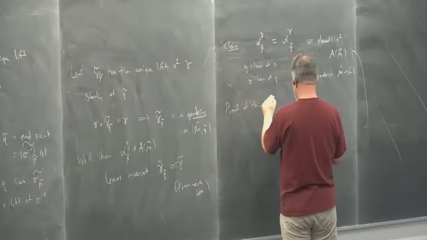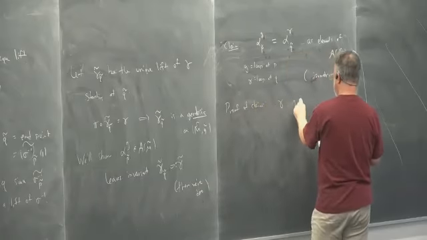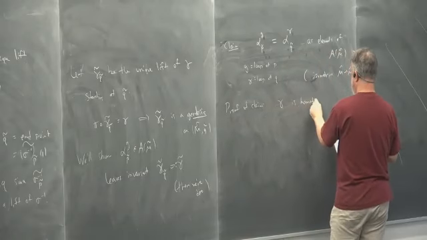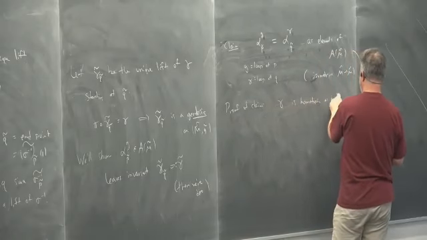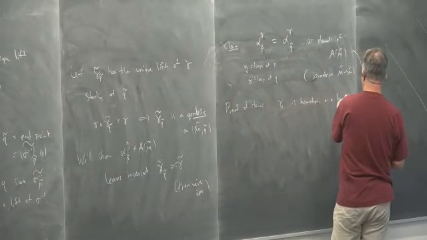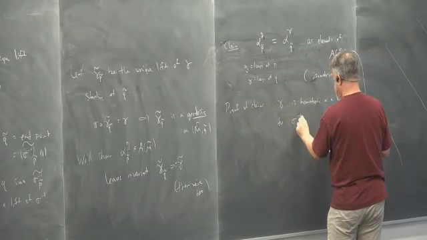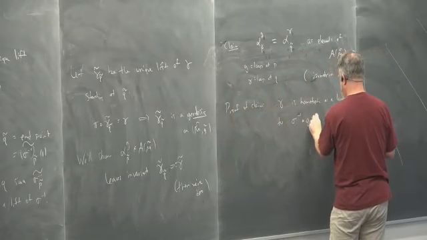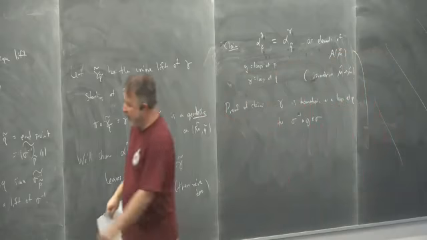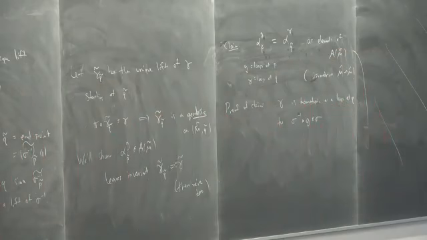Well, gamma is homotopic as a loop at Q to sigma inverse G sigma, that should still be on the board here.